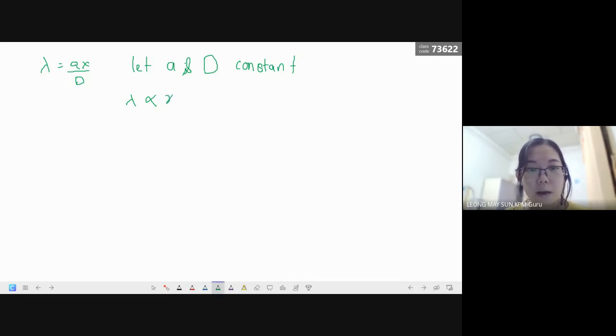As the wavelength increases, my distance x will increase. But also one thing, because wavelength increases, frequency will decrease.